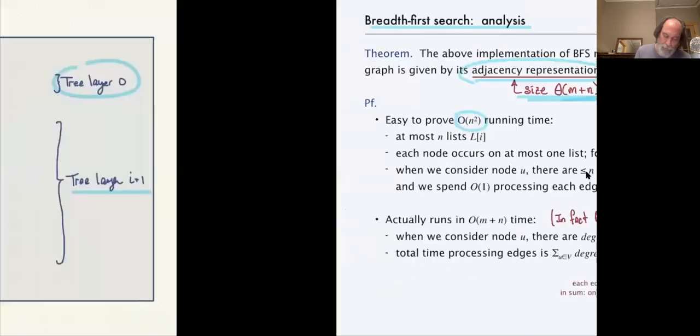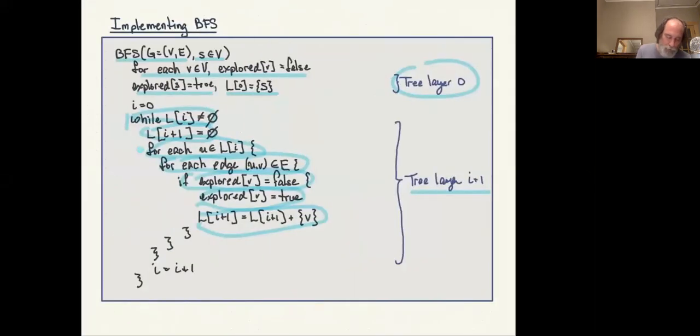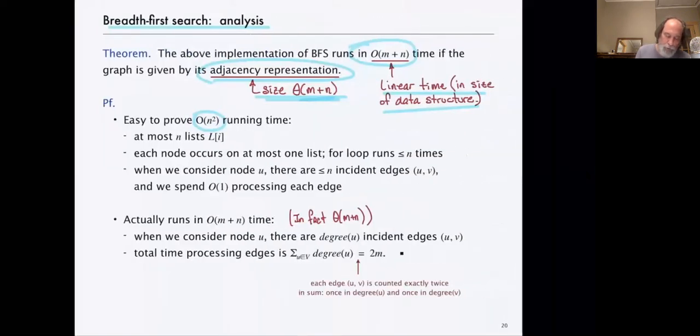Let's consider these two for loops. Let's call this the outer for loop and the inner for loop. We can argue each node occurs in at most one list. The body of that for loop is essentially taking nodes off that list to explore.